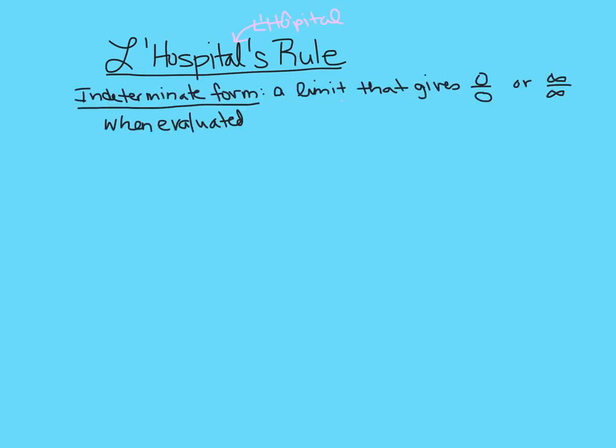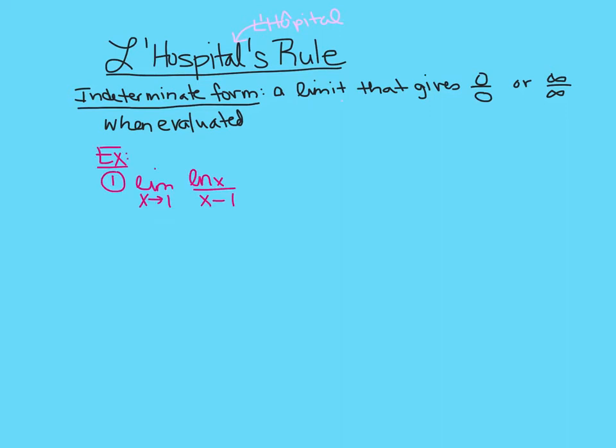First, I'd like to mention the term indeterminate form. So if you're evaluating a limit, and when you plug in your limit value you get a 0 over 0 or you get an infinity over infinity, we call that an indeterminate form.